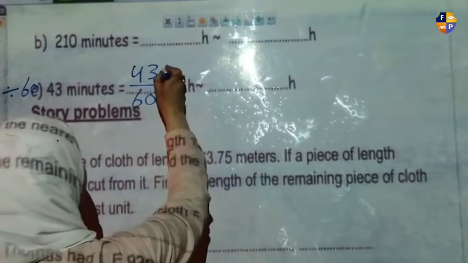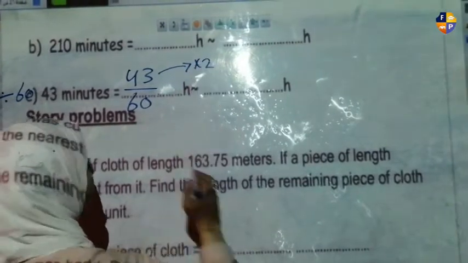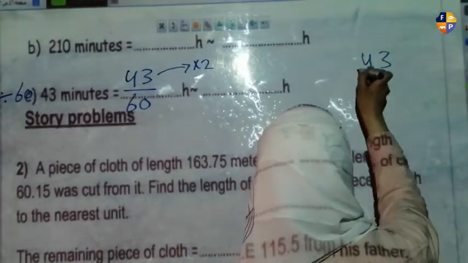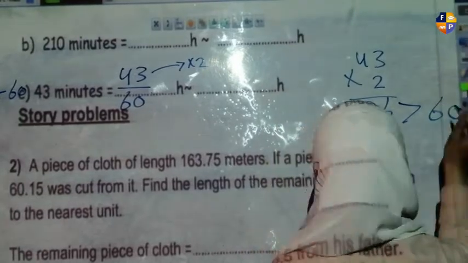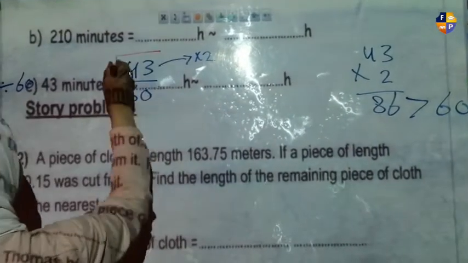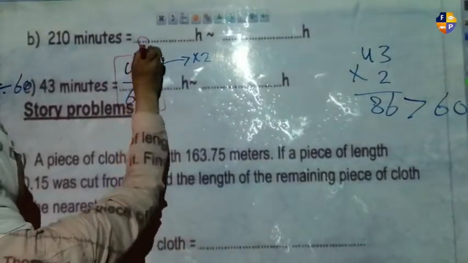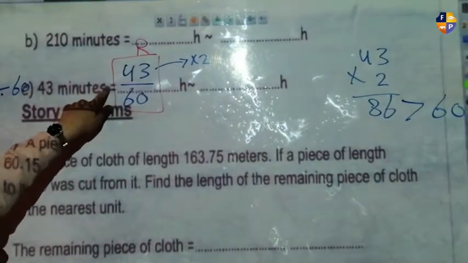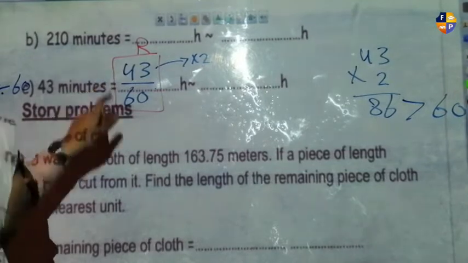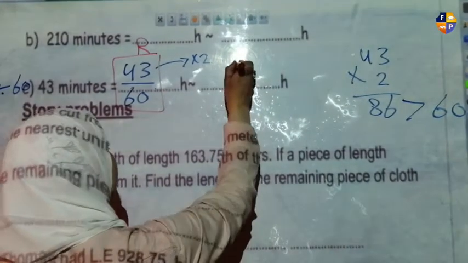Okay, and multiply the numerator by 2. 43 by 2. 2 by 3, 6. 2 by 4, 8. Then compare 86 with 60. 86 is greater than 60. So this fraction is rich. I will remove the fraction and add 1 to the whole number. Here I have 0. So 0 plus 1 equals 1 hour.